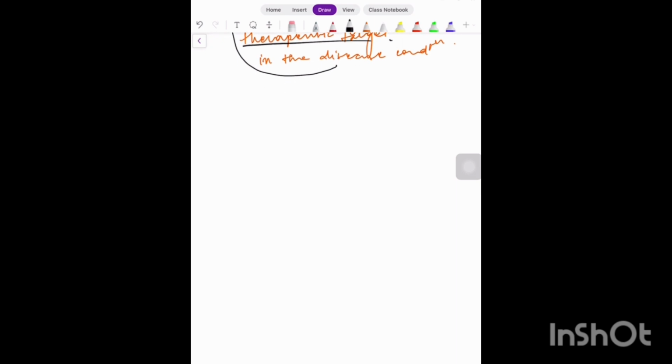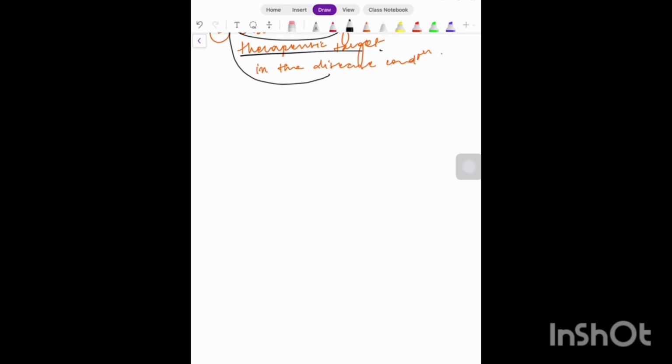Now, as per the Oxford Dictionary of Biochemistry and Molecular Biology, a very good drug target definition is there. I'll be sharing it with you.